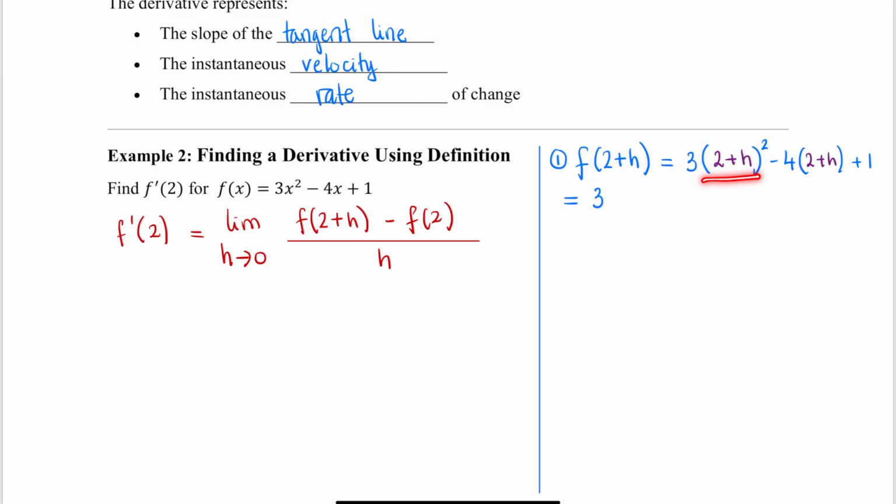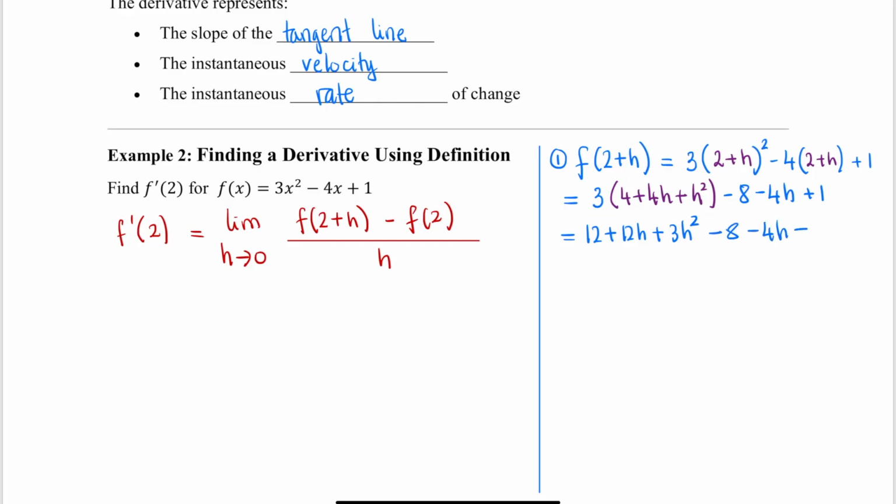2 plus h squared is 4 plus 4h plus h squared. Negative 4 times 2 plus h is negative 8 minus 4h plus 1. 3 times 4 plus 4h plus h squared is 12 plus 12h plus 3h squared. Minus 8 minus 4h plus 1.